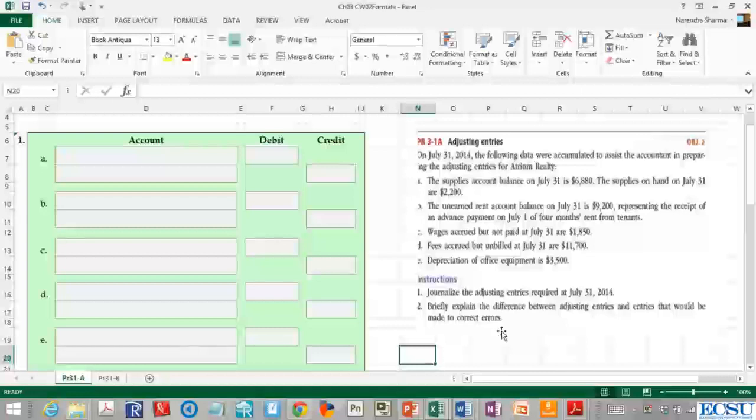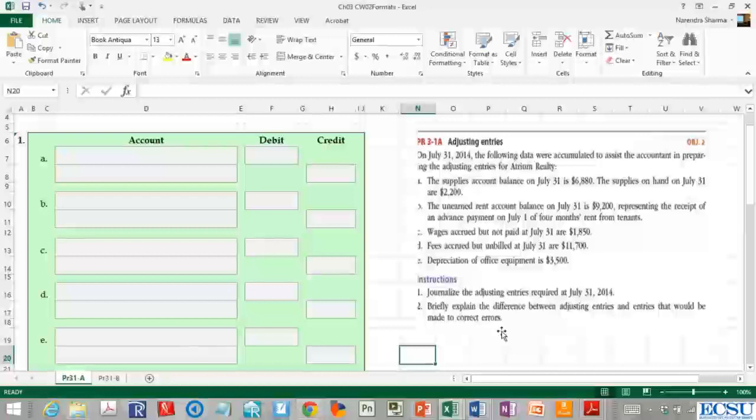The supplies account balance on July 31st is 6,880. The supplies on hand on July 31st was 2,200. That was the first one.